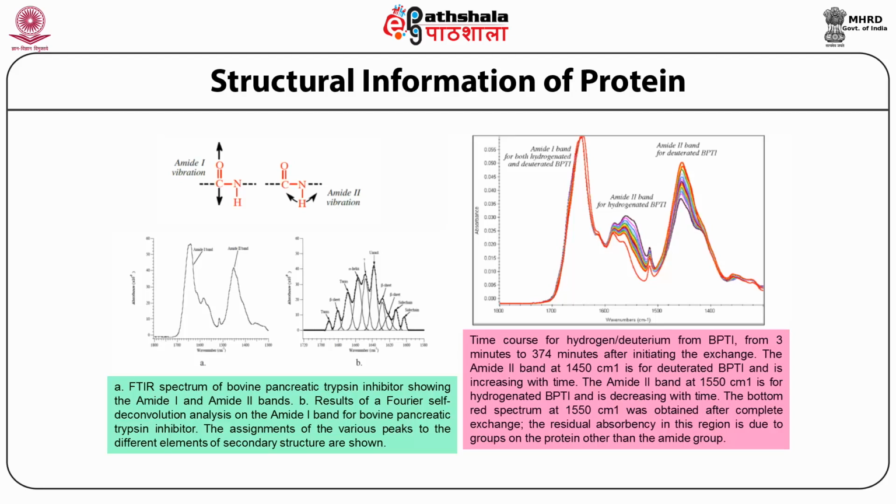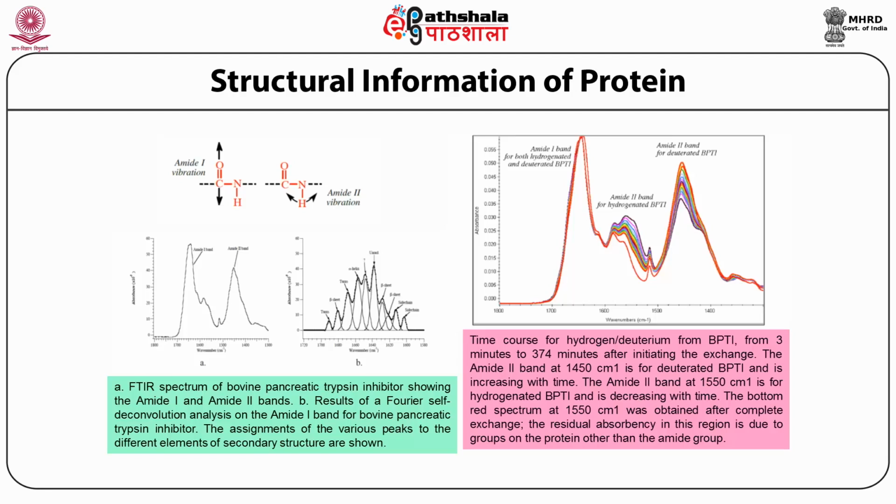So A is the FTIR spectrum of bovine pancreatic trypsin inhibitor showing amide 1 and amide 2 bands, and B is showing results of Fourier self-deconvolution analysis of the amide 1 band of bovine pancreatic trypsin inhibitor. The assignment of various peaks to the different elements of the secondary structure are shown.